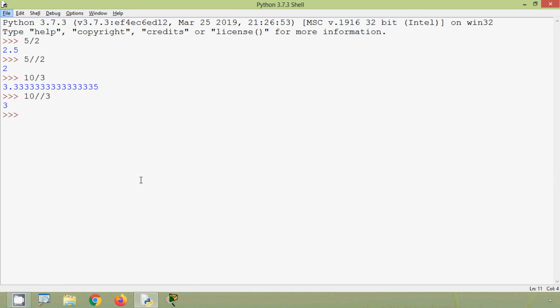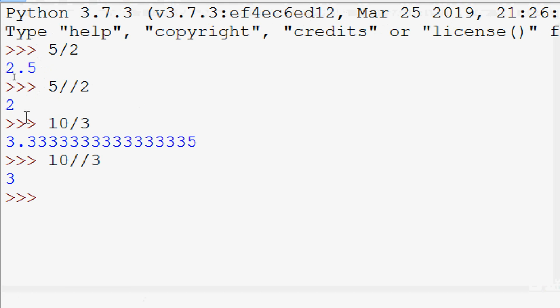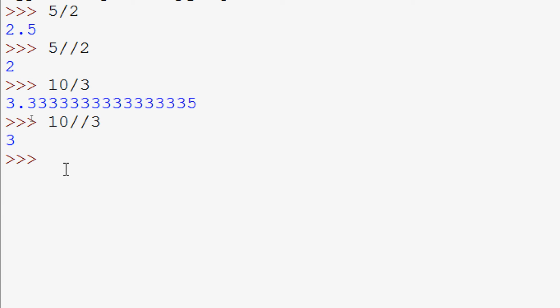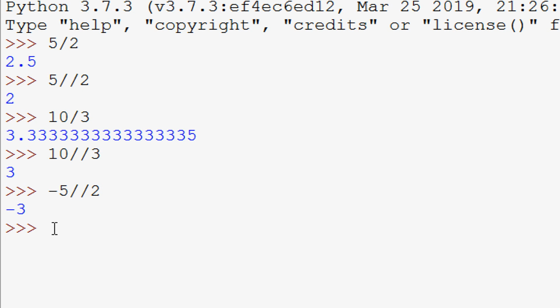Now one thing we have to keep in mind, if any one of the operands is negative, then the result is floored. We will see some examples so that it will be more clear. Here we will give -5 floor division 2. Here we can see the result, it gives -3. What happened?